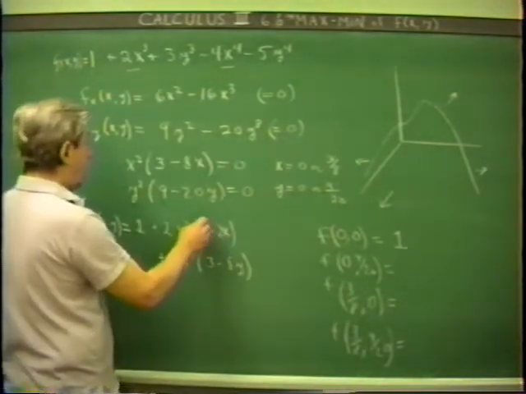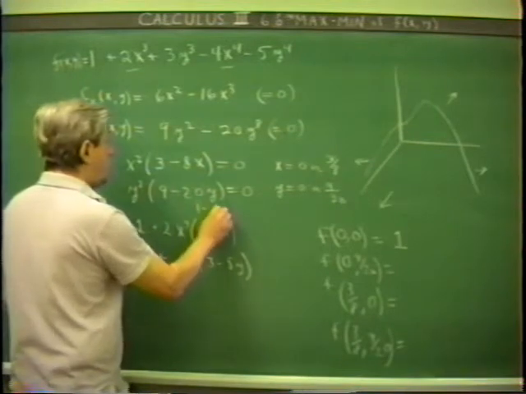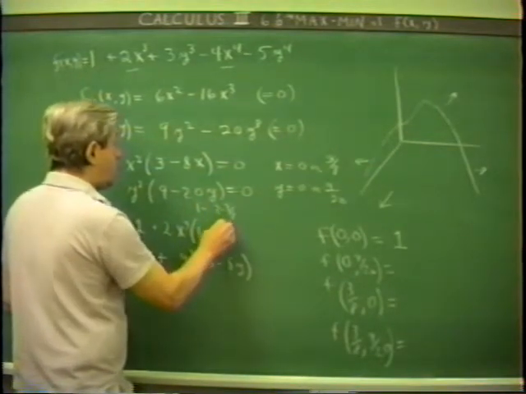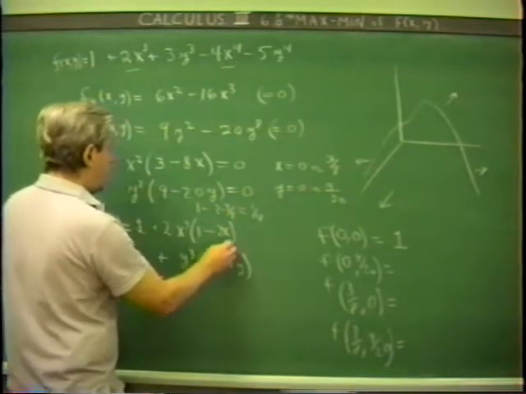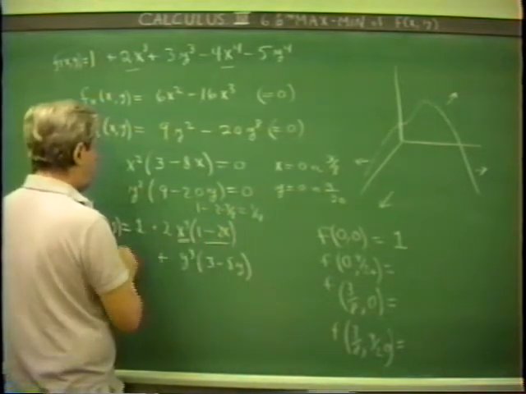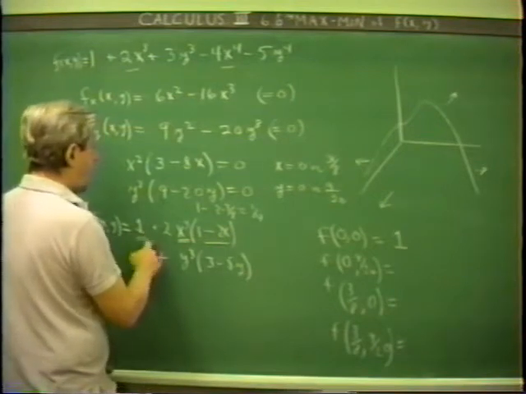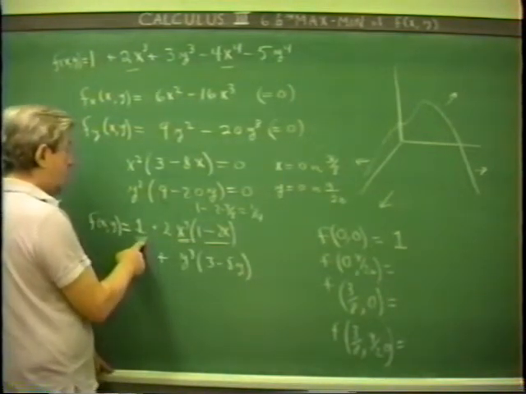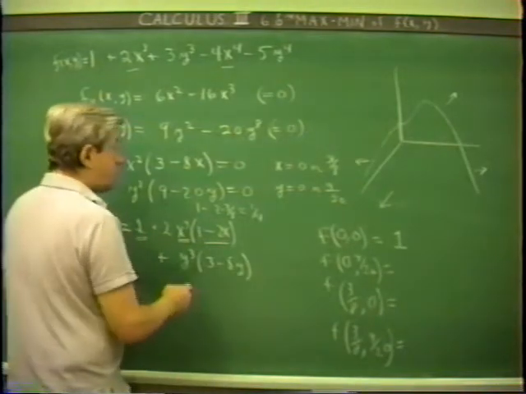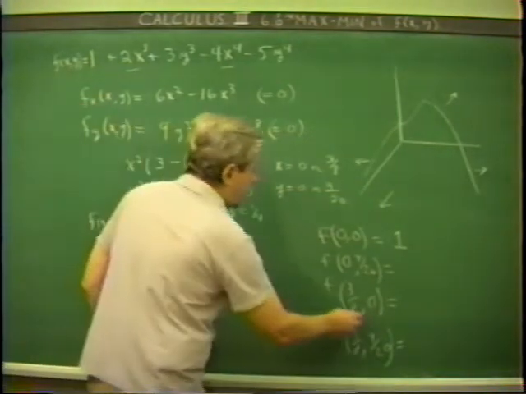And now, let's take a look at what happens if we put 3/8 in here for x. We end up with 1 minus 2 times 3/8, which is equal to 1 minus 6/8, or a quarter. And so this will be a quarter, this will be something positive, and we'll be adding something on to the value of the function, the number 1 here.